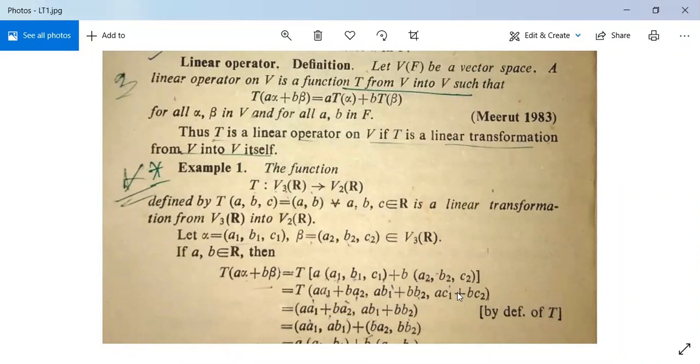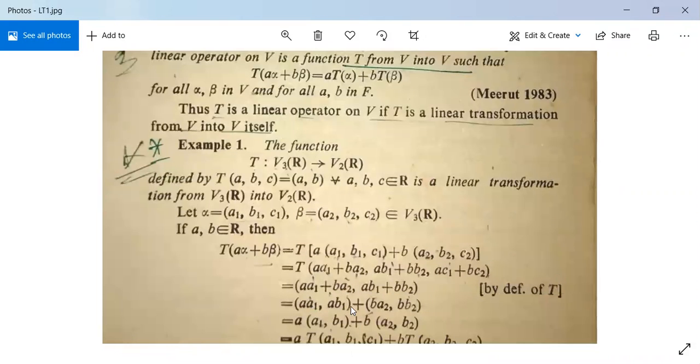By the definition of the transformation, this is equal to the first two coordinates. So this is equal to (aa1 + ba2, ab1 + bb2). It can be written as a(a1, b1) + b(a2, b2).